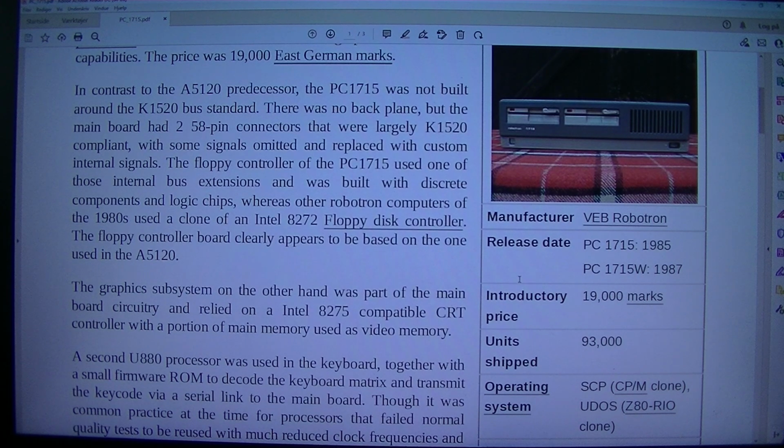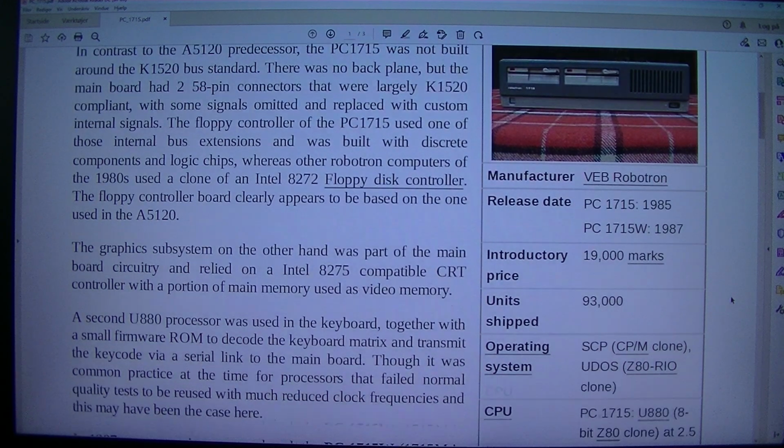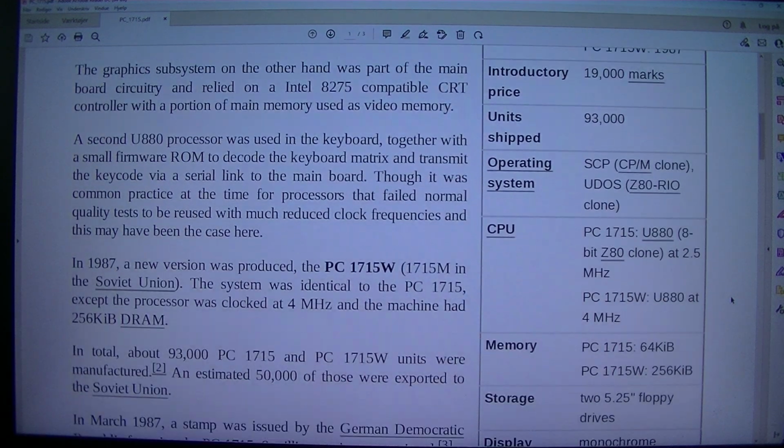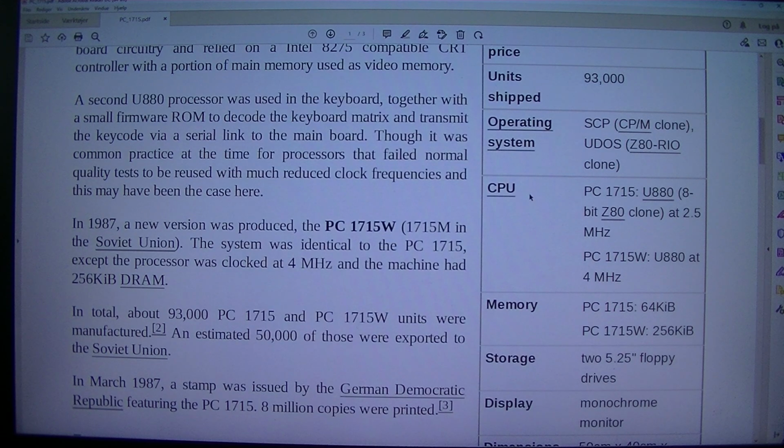PC 1715W, 1987. Introductory price 19,000 marks. Units shipped 93,000. Operating system SCP, a CP/M clone, UDOS, a Z80 RIO clone. CPU: PC 1715, U880, an 8-bit Z80 clone, at 2.5 MHz.